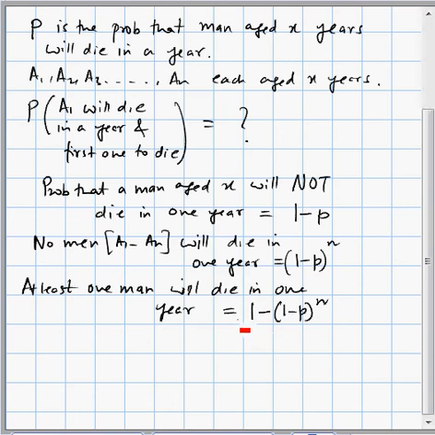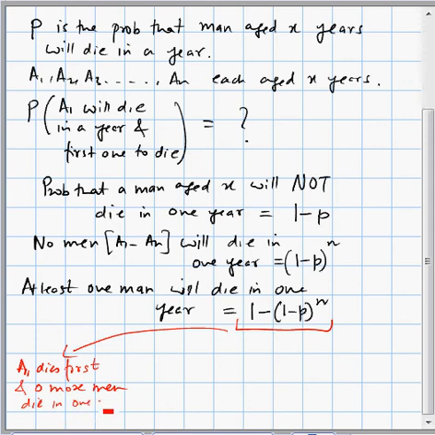Now this probability is the sum of the probabilities of n mutually exclusive events, where we say A1 dies first and 0 or more men die in 1 year.